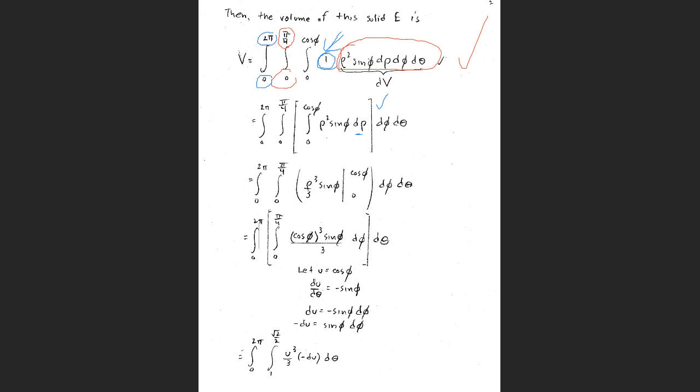So my inner integral, the antiderivative is rho cubed over 3 times sine of phi, evaluated at limits of cosine of phi and 0. When I do that, the integrand for my outer integral is going to be cosine phi cubed times sine of phi over 3. Let me give you a moment to catch up here. Let me know if you have any questions.